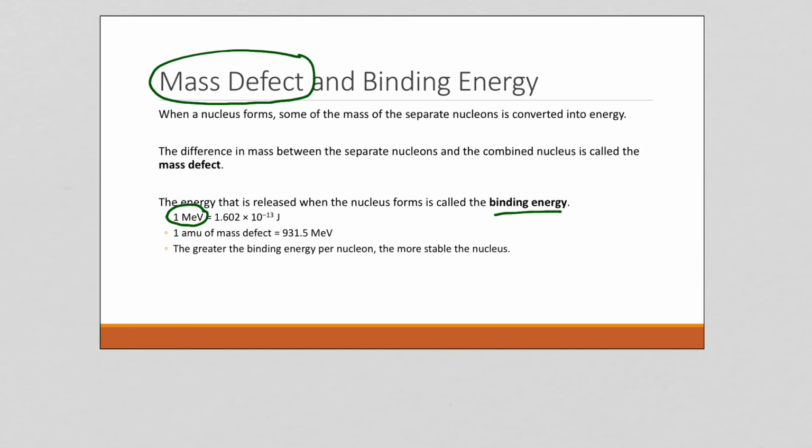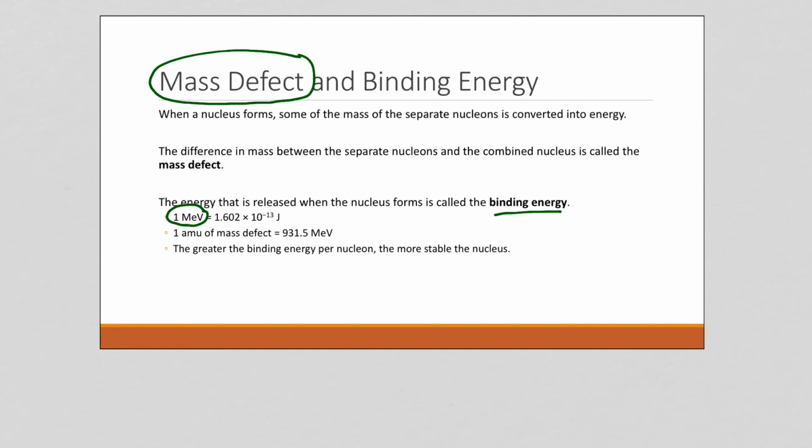So 1 AMU of mass defect is equivalent to 931.5 MeV.